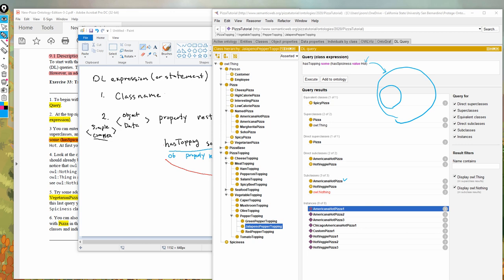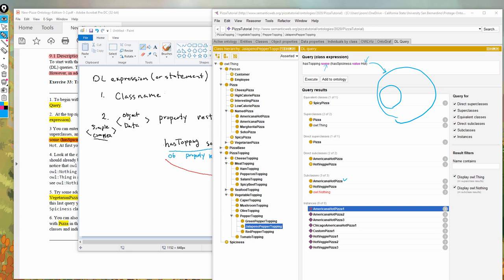Because it says that, as long as, this basically is saying that it is a pizza, right? Which has at least one or more toppings with hot spices, right?